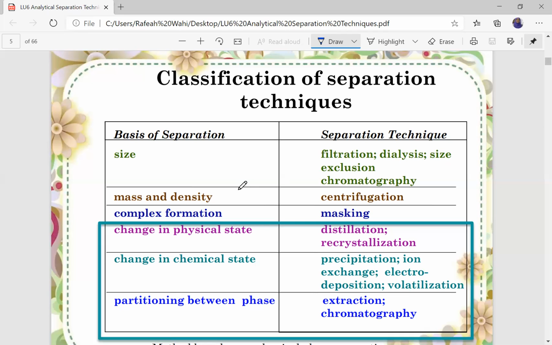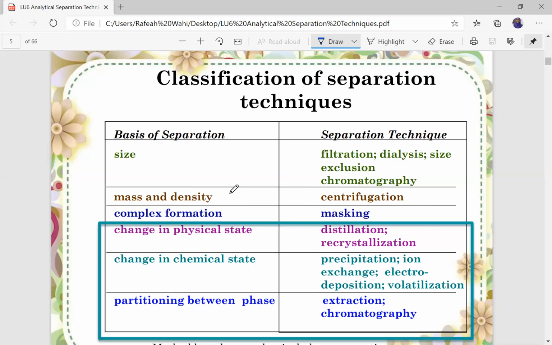Sometimes, you can also do analytical separation based on the mass and density. Remember, we have learned in Learning Unit 3 about gravimetric analysis. In gravimetric analysis, 3 of the examples that we have learned is on how we determine the suspended solid, dissolved solid, and total solid of a water sample.